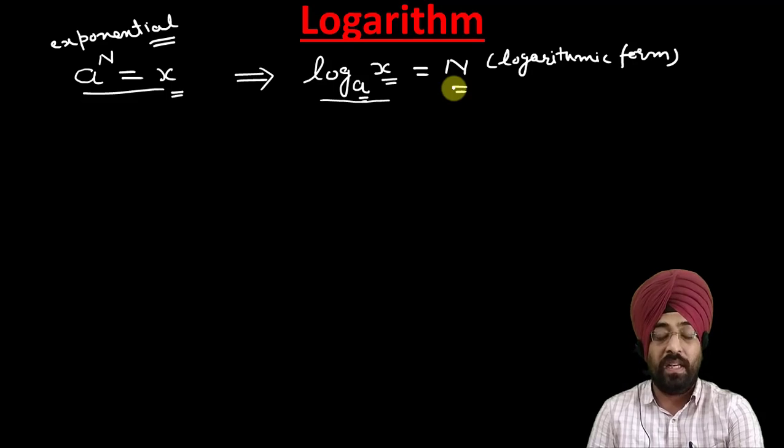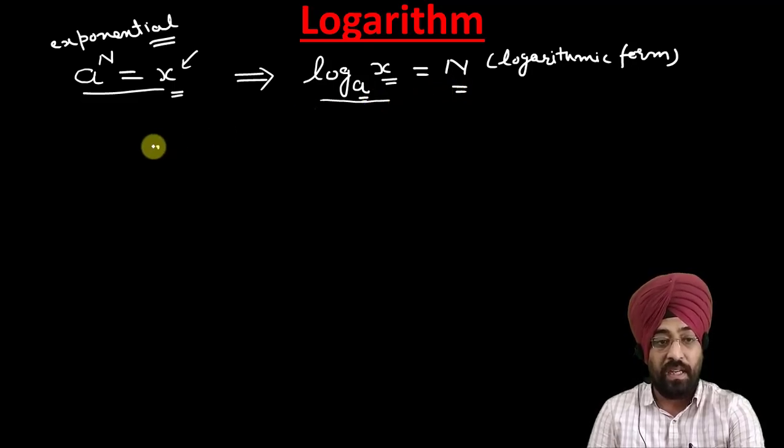So what does it mean? Its meaning comes from this exponential form: log of any number x with base a is equal to n. It means if we raise the base a to the power n, then its value will come out to be x. So that is the meaning of log.